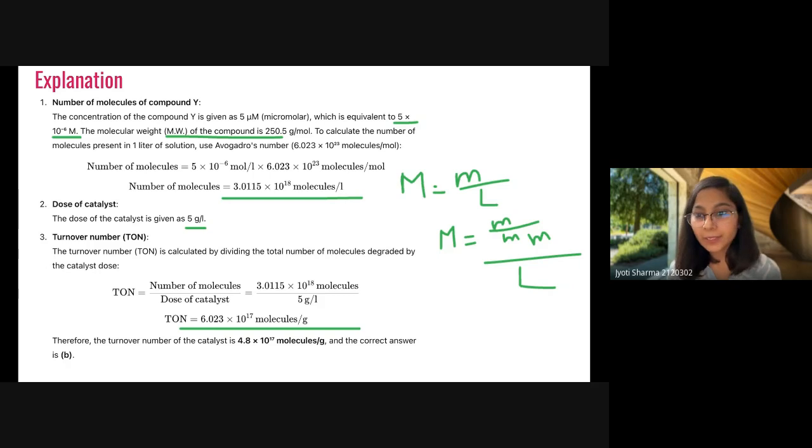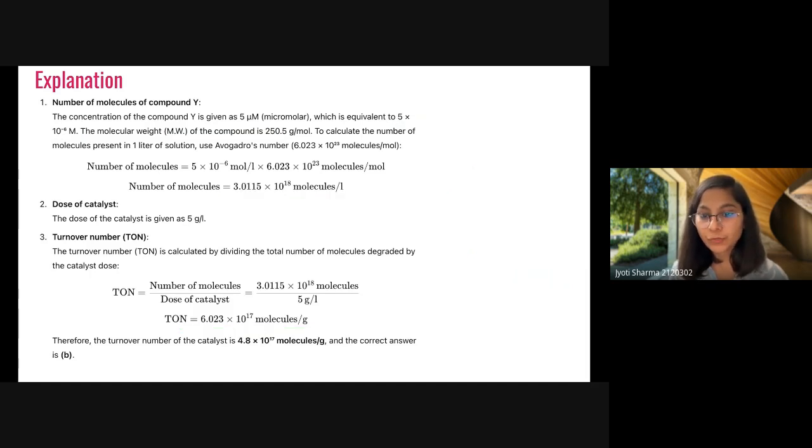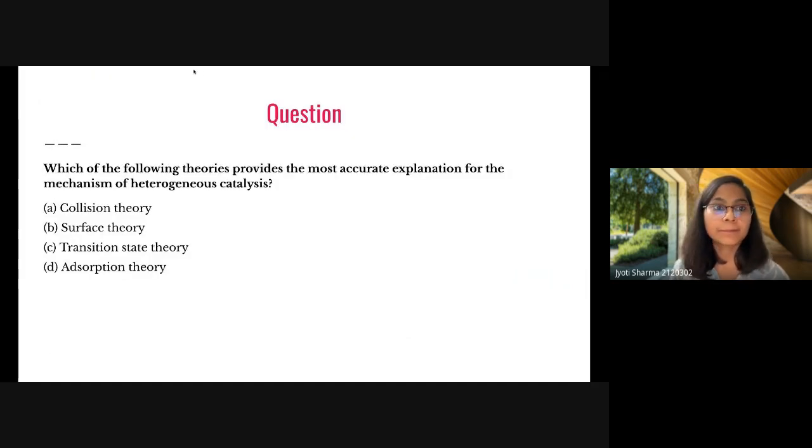You can calculate the number of moles, and after that, you have to multiply it with the Avogadro number so that you have the number of molecules. Then you will divide your number of molecules with the dose of catalyst so that you have TON, that is the turnover number. So I think this is clear. Should we go further? Yes, let's go.